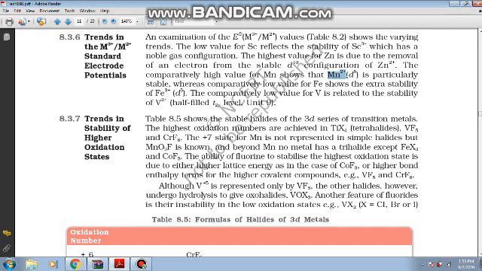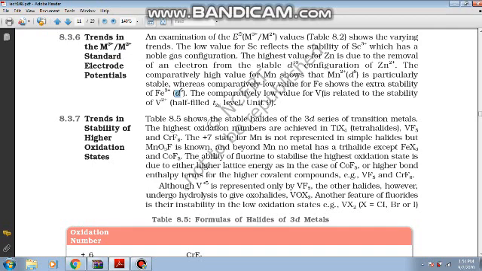Whereas in the case of iron, Fe plus 3 is more stable rather than Fe plus 2. Therefore, the E0 value for this change is low, which indicates iron is more stable in plus 3 state, leaving behind exactly half filled d orbital in the iron.